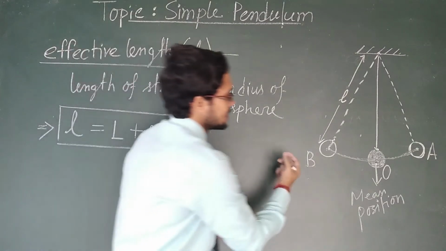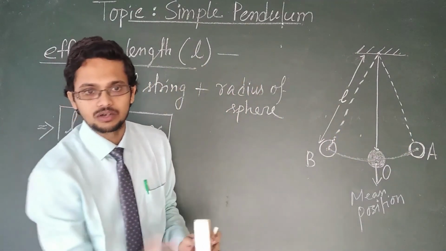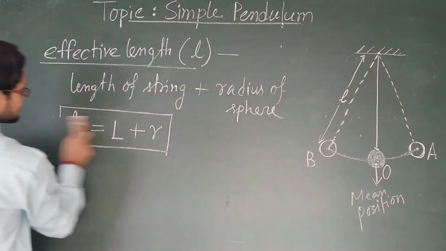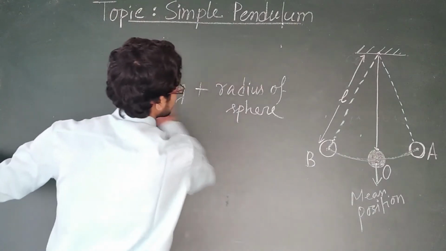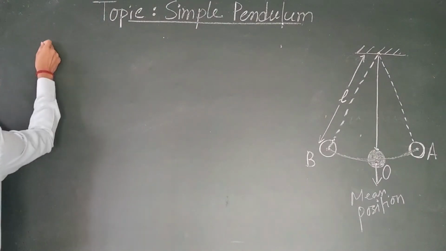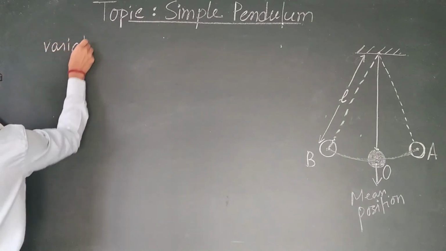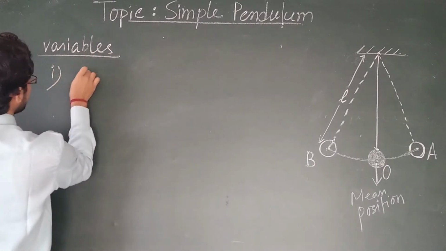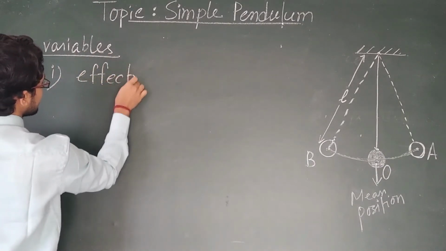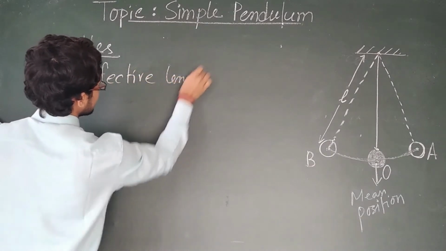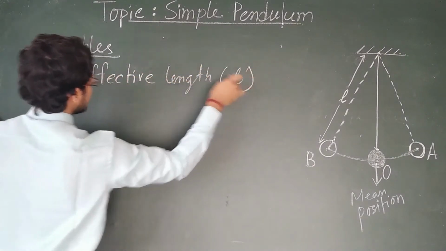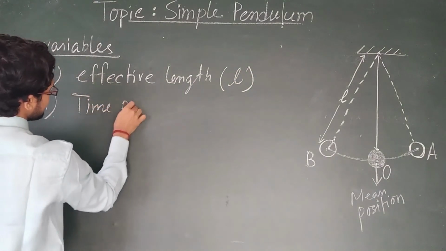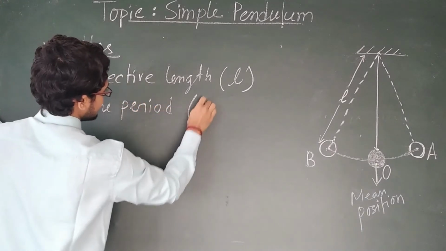Another variable is the time period of oscillation. First one is effective length, that is a, and second one is time period, that is T.